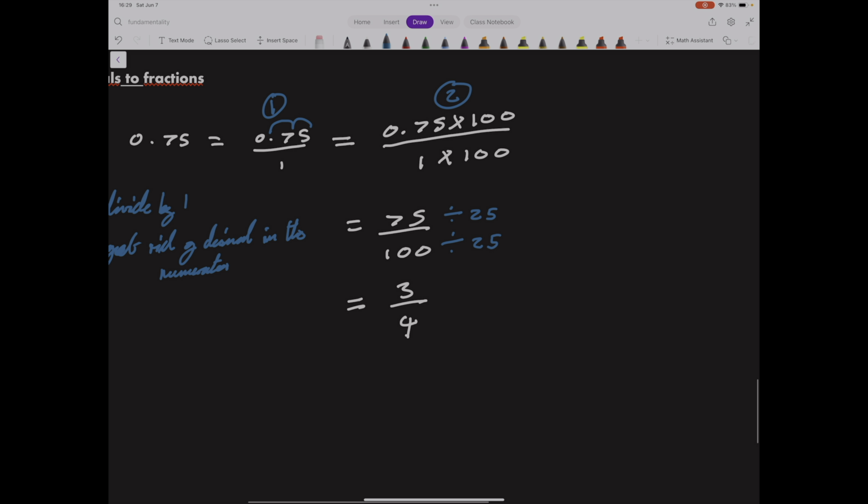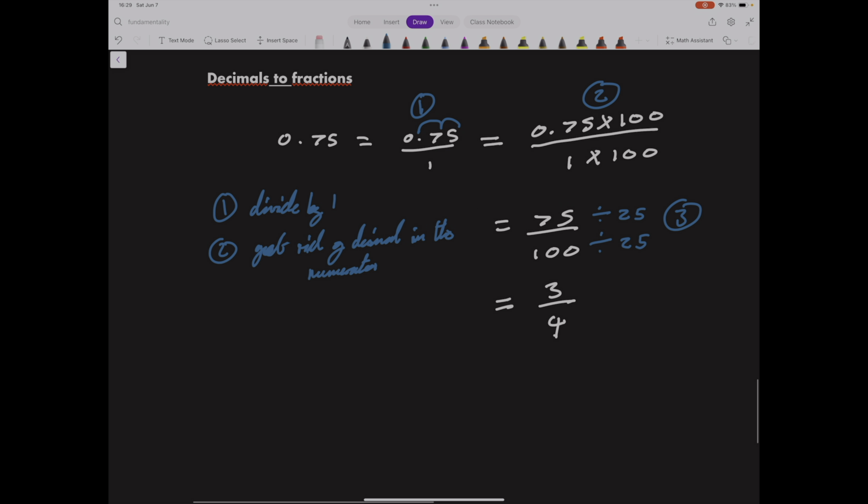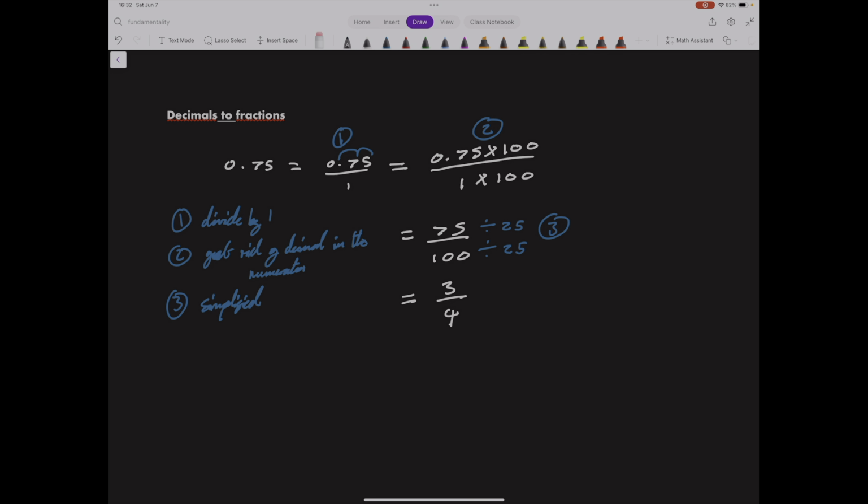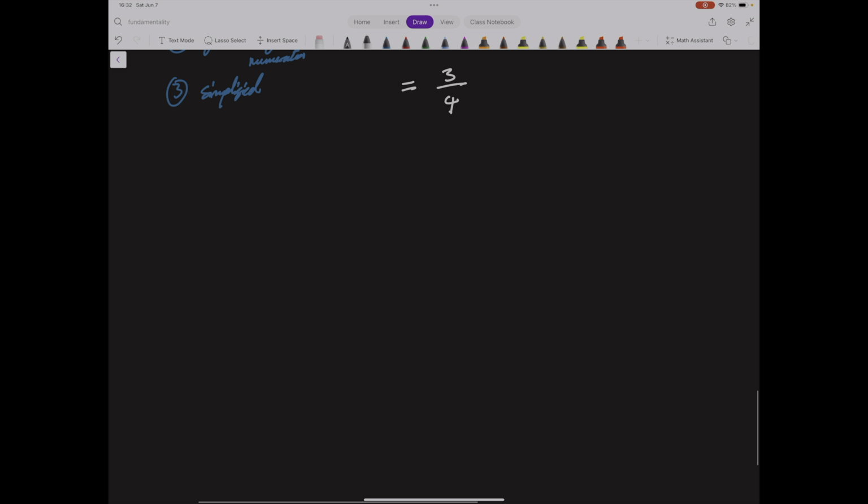And then the third step is we've simplified. Okay, so for just one conversion, this is a lot of steps to remember. So let's do another example of this just to solidify it.